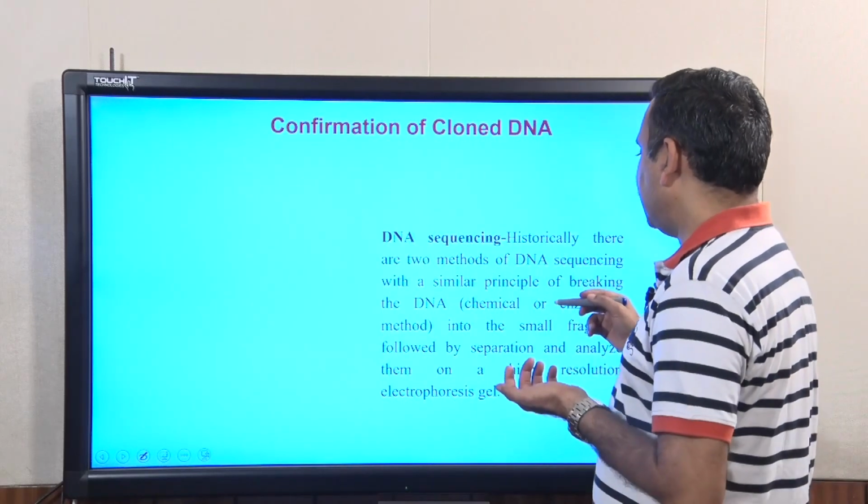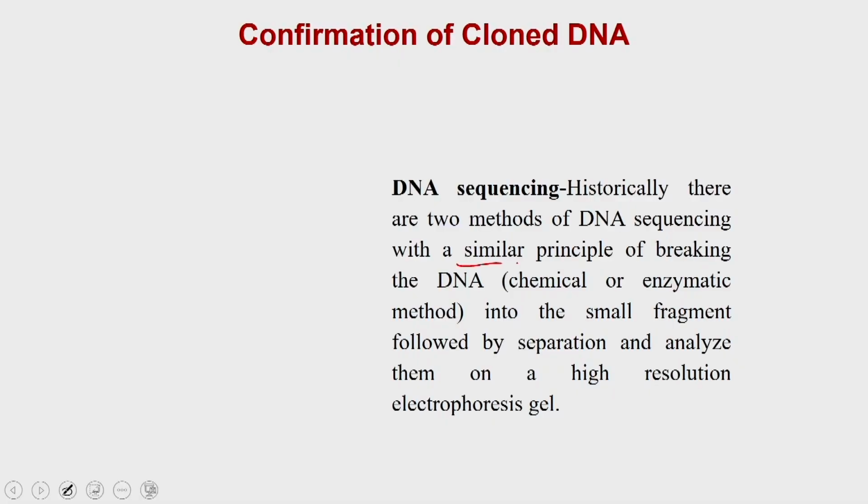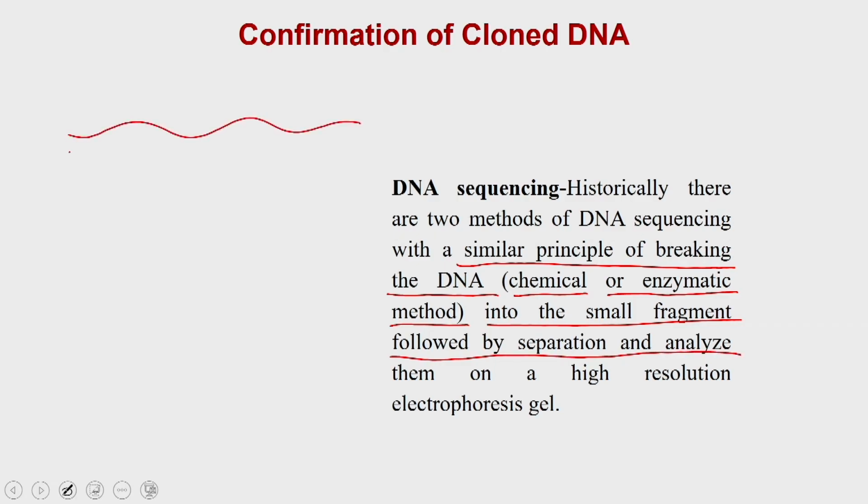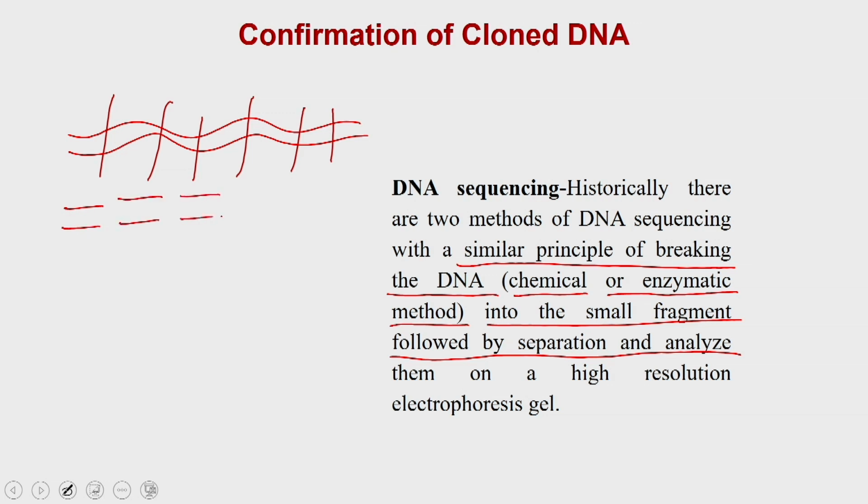Both of these methods have a similar principle: they break the DNA, either by using a chemical or an enzymatic method, into smaller fragments. Suppose this is your full gene length; you cut this DNA into smaller fragments, and you get these small fragments.